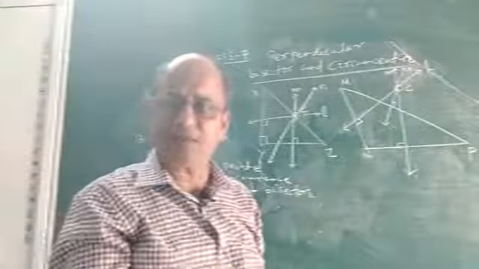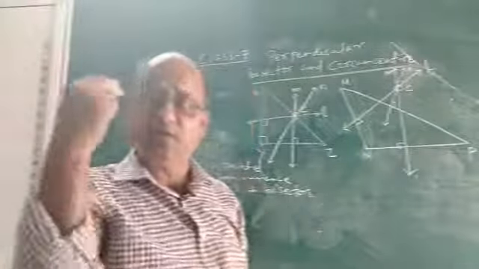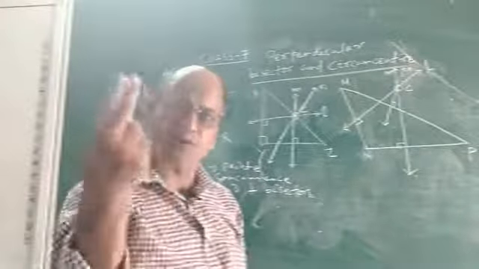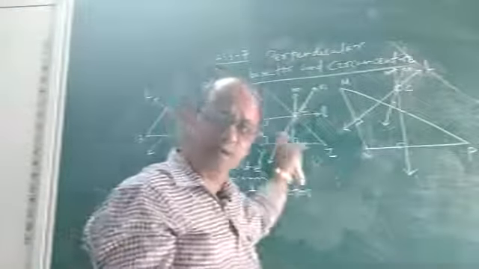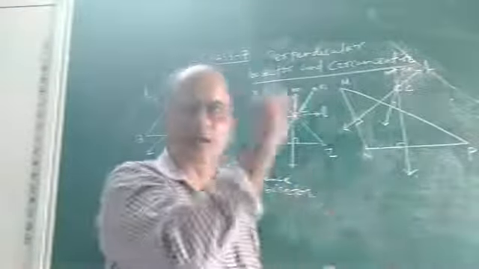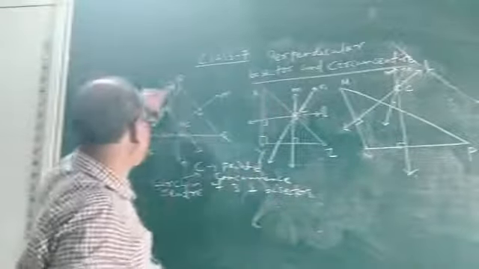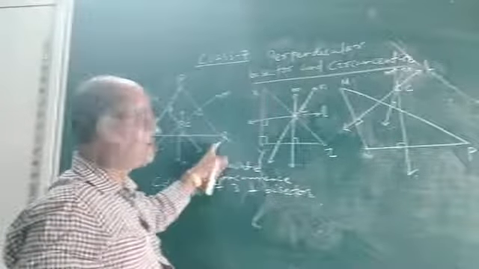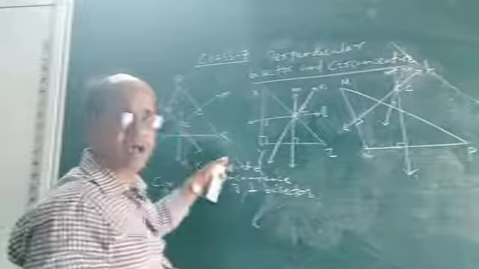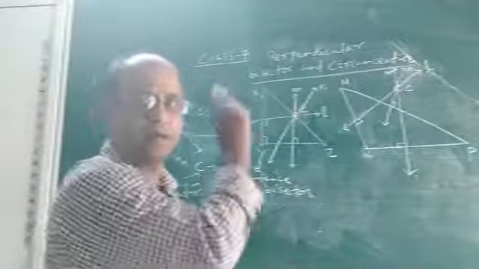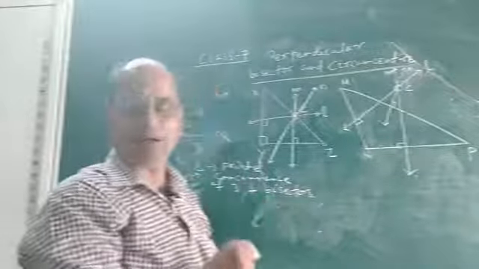That means the point through which three perpendicular bisectors of three sides pass, or you can say two, because if you take the perpendicular bisectors of any two sides, the third will automatically pass through. Suppose you draw the perpendicular bisectors of PQ and QR, there is no need to construct the perpendicular bisector of PR, because the third one will automatically pass through that point.